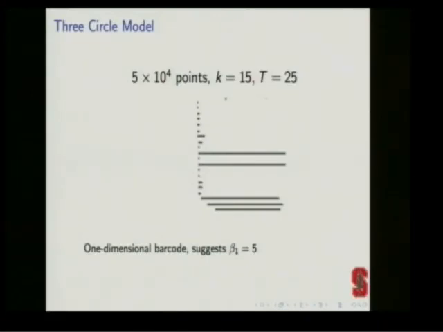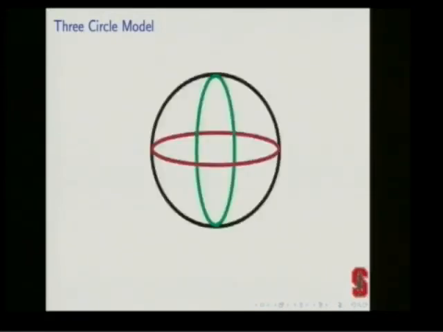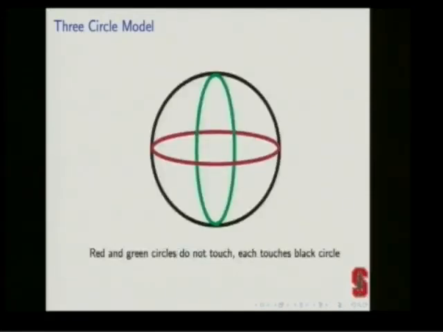Okay, so that's something more interesting you can try to explain. You can try to approach this with Occam's razor, but it's not so easy anymore because it's not clear what's the simplest space with Betti 1 equals 5. So after scratching our heads for a while, we came up with this. We call this the 3-circle model.